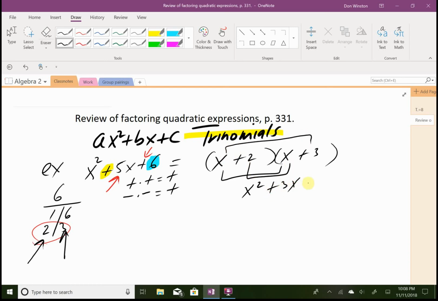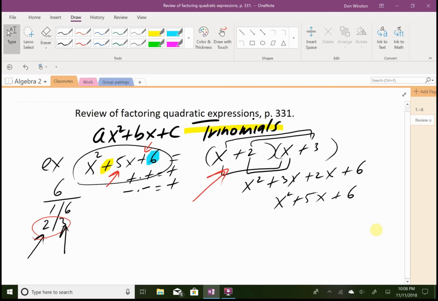Inside, 2 times x is 2x. And then last terms, 2 times 3 is 6. So that gives me x squared plus 5x plus 6. Okay, and that's what we started with. So we found the factors of x squared plus 5x plus 6, which are x plus 2 and x plus 3.